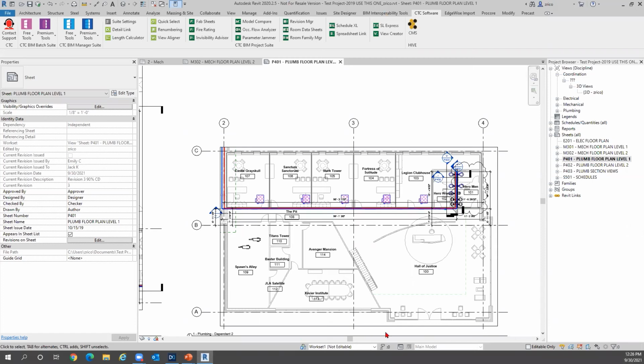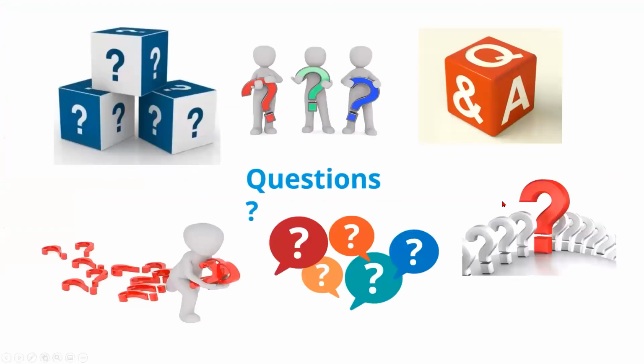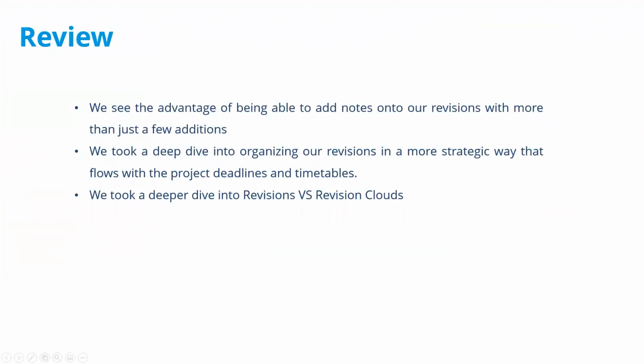So hopping back over to the presentation real quickly. Again, we saw the advantages of what could be added for notes, all tied into one so we can continue to work off of it.